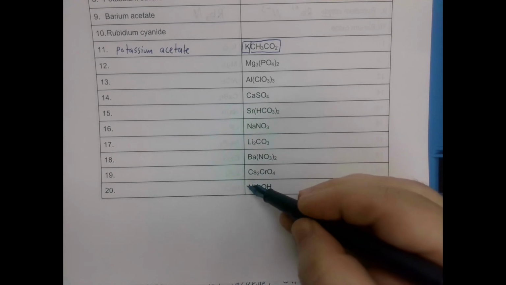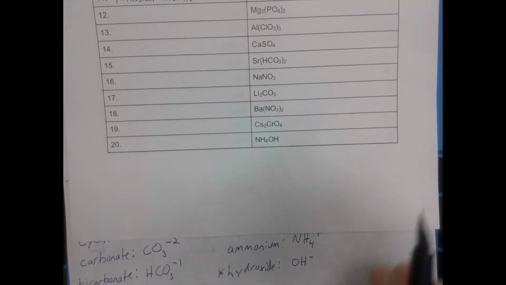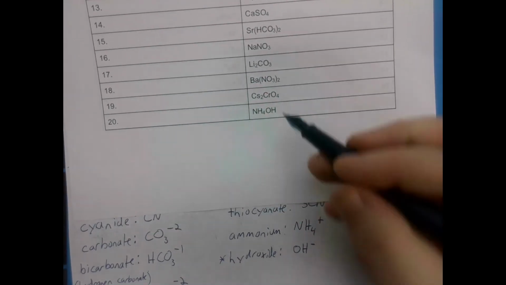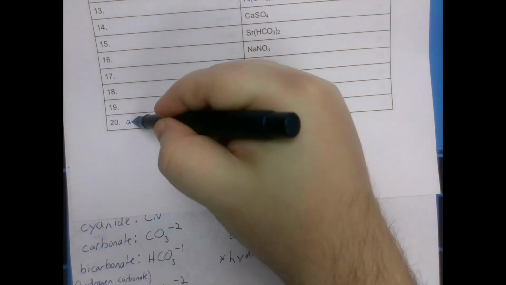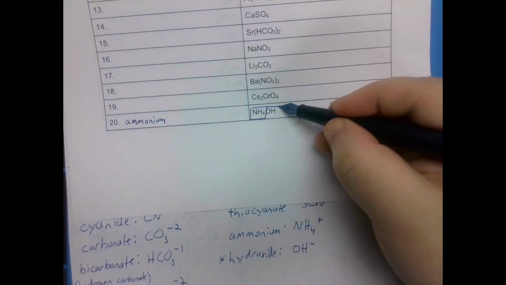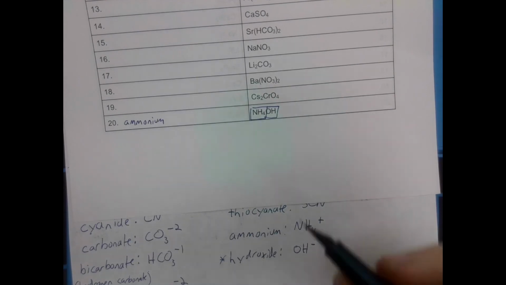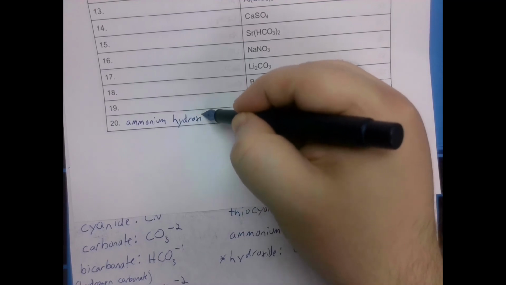So look at our common polyatomic ions. NH4 is ammonium, and whatever's left has to be the anion, and OH is hydroxide. So this is ammonium hydroxide.